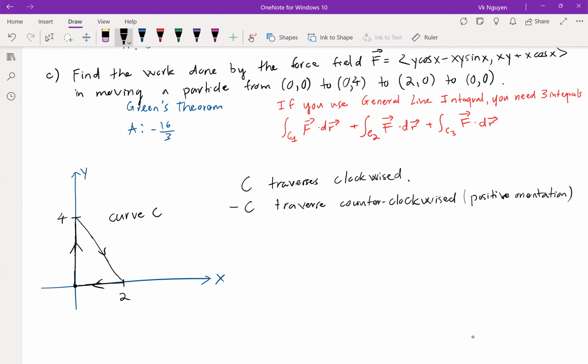Okay. What does this mean? It means that when we do the work, there is circulation here.